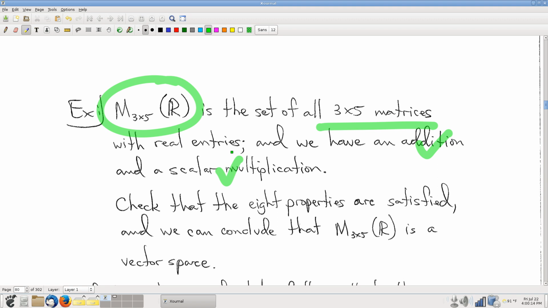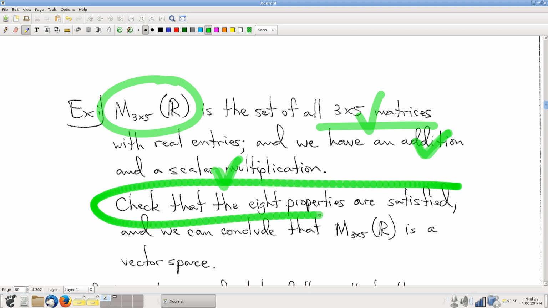Well, we have a set, we have an addition, we have a scalar multiplication. You can go through and confirm that those 8 properties, the requirements, are satisfied. That's just a matter of going through and confirming that matrix algebra does indeed behave the way that we listed. It has that natural algebra, the properties of which we enumerated in our definition of a vector space.